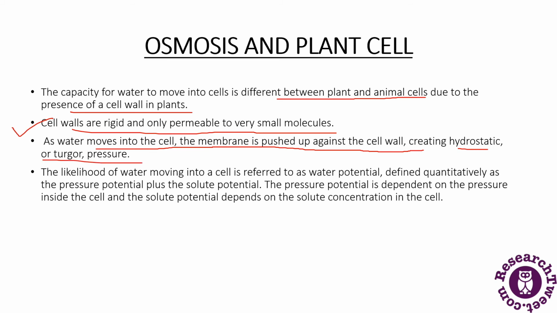The likelihood of water moving into the cells is referred to as water potential, defined quantitatively as the pressure potential plus the solute potential. The pressure potential is dependent on the pressure inside the cell and the solute potential depends on the solute concentration in the cell.